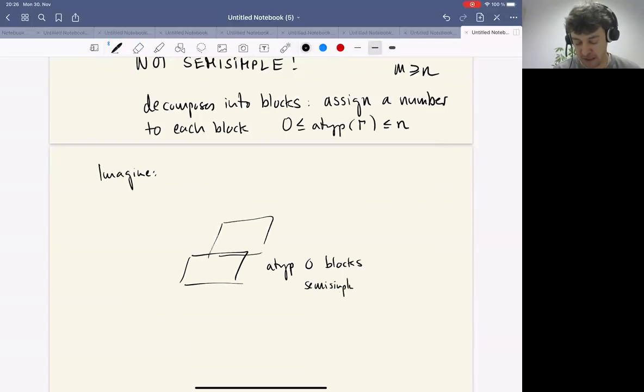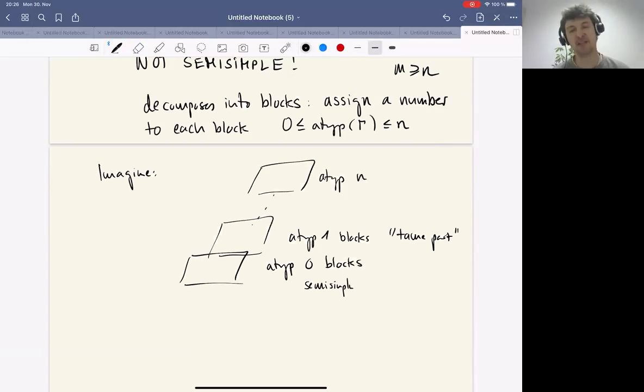Then above, you have your atypicality 1 blocks. This is the tame part, because all these blocks have tame representation type. And then from atypicality 2 onwards, you have wild representation type. And this goes up till atypicality n. These are then the most complicated blocks.